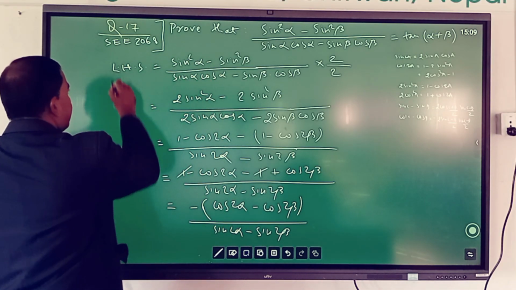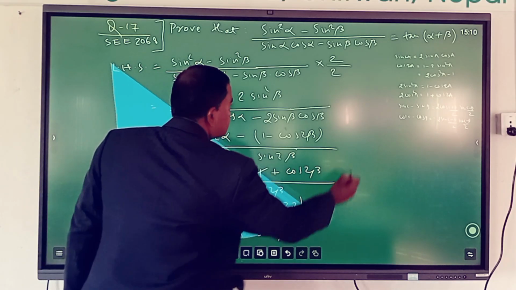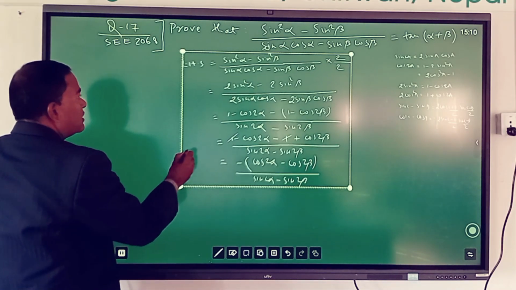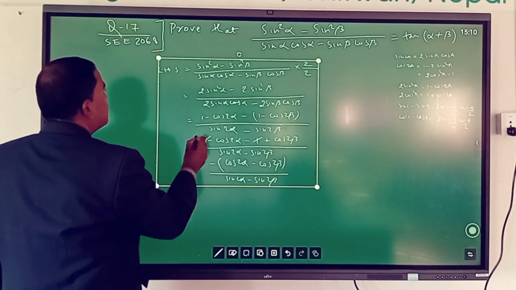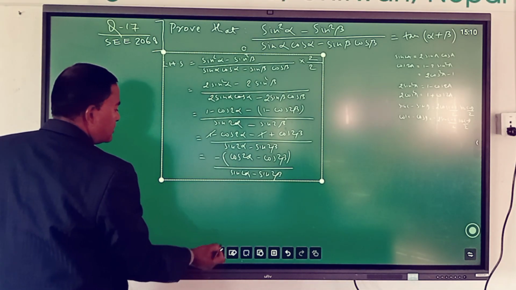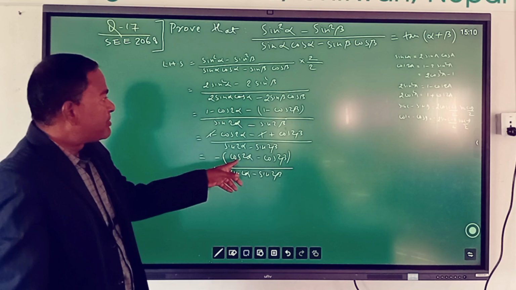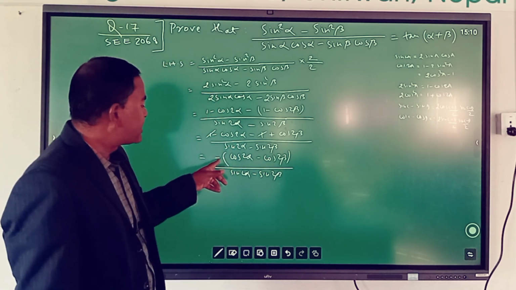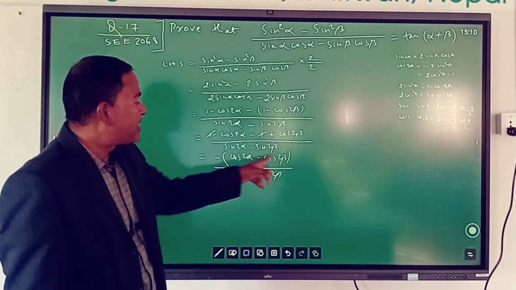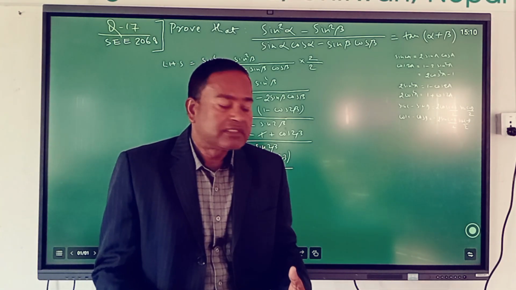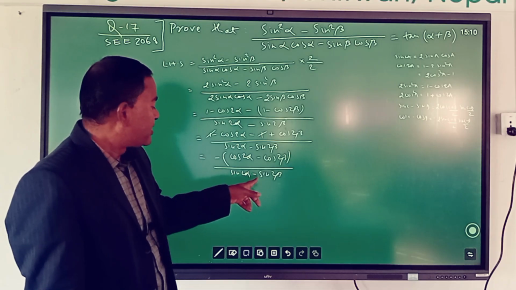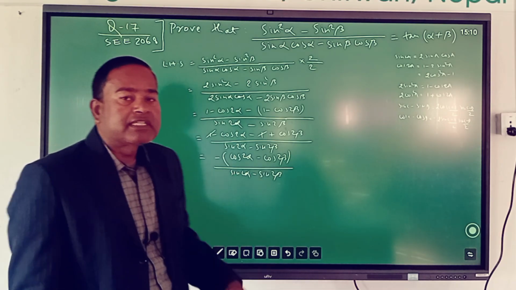So dear students, now let's apply the formula of cos C minus cos D. After taking minus sign common, we have got cos 2 alpha minus cos 2 beta in the numerator, and in the denominator we have got sin 2 alpha minus sin 2 beta.